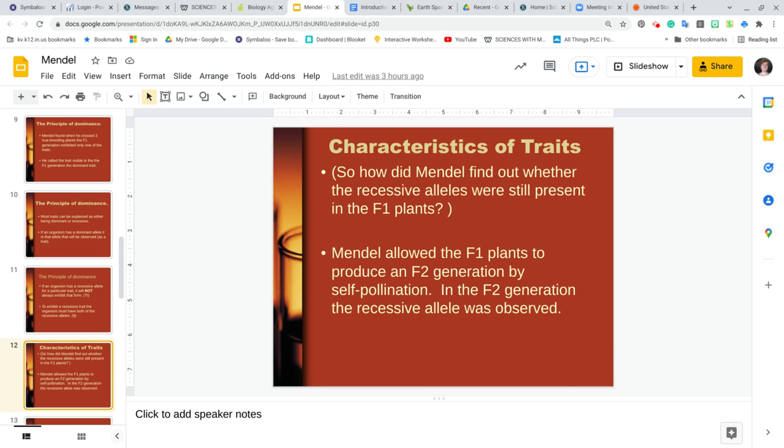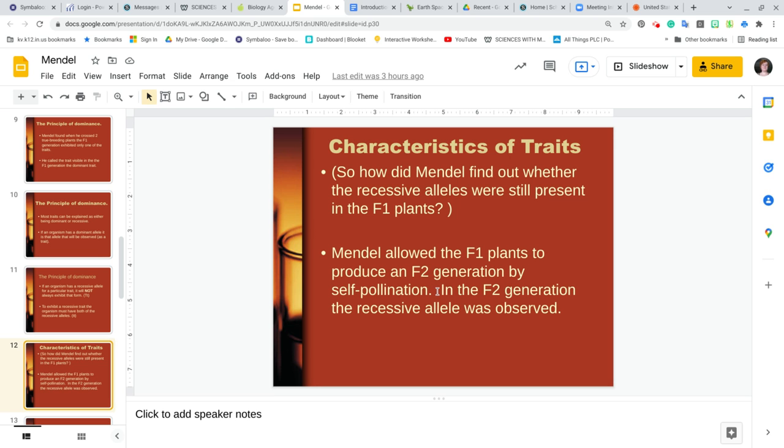Okay, moving forward. How did Mendel prove that the recessive traits were still there? One of the thoughts at the time of Mendel is that when you had two organisms get together, the stronger trait won and the other trait just disappeared. Well, he proved that wasn't true because he simply allowed the F1 plants to self-pollinate.